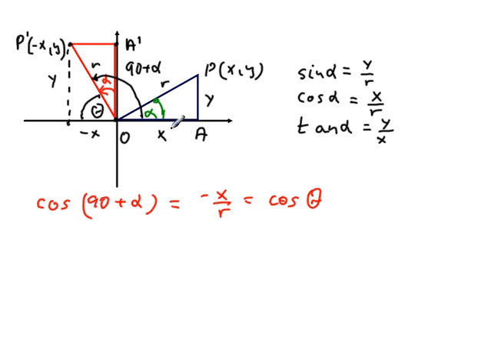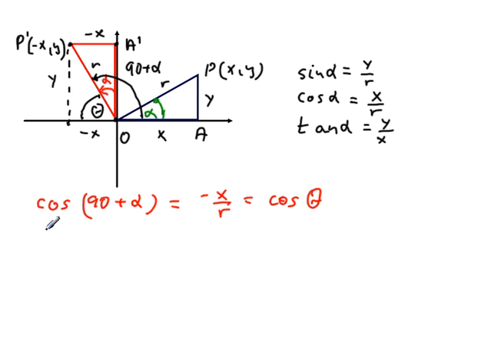So let us go back to this diagram and examine closely where negative x is. Negative x to r, with respect to angle alpha, does represent the sine ratio.